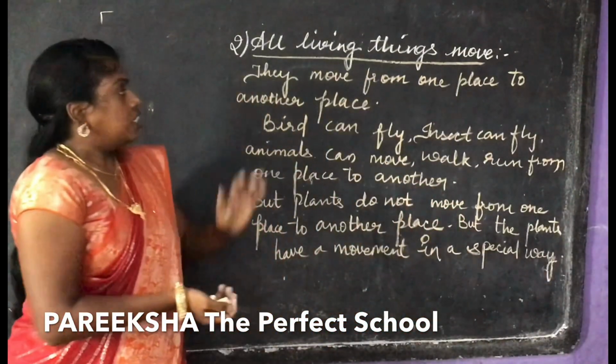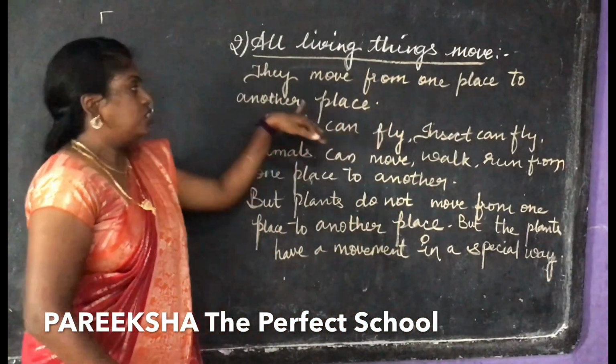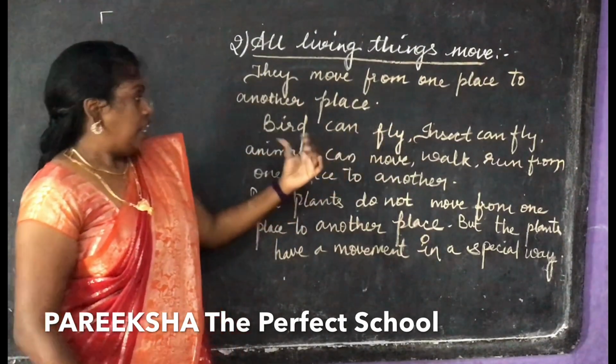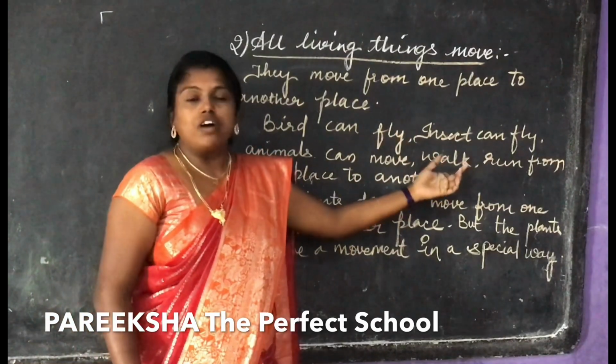So, see, all the living things move from one place to another place. A bird can fly, an insect can fly, animals can run, jump and walk. And not only animals and birds, a human being also moves from one place to another.